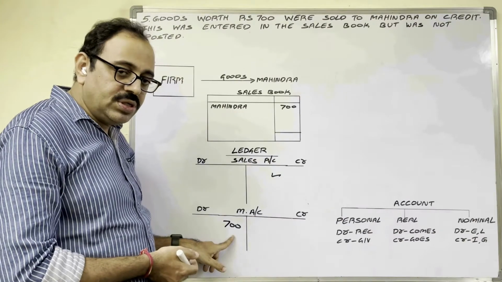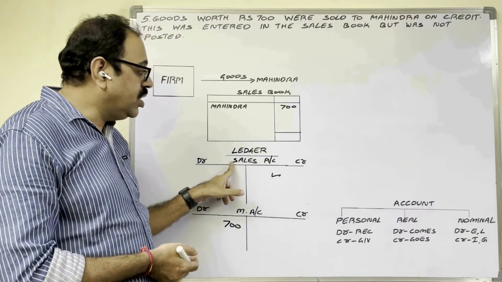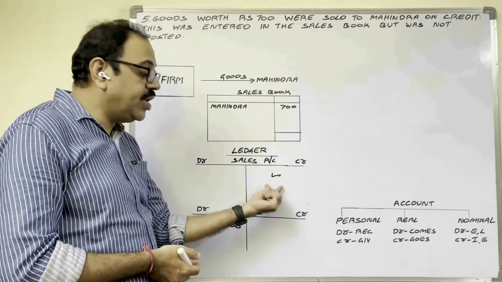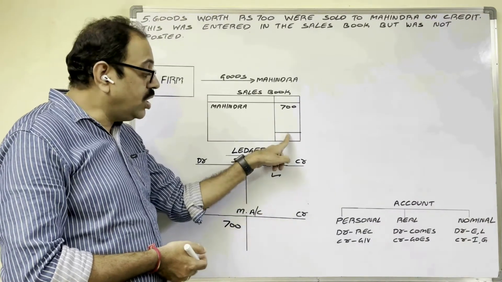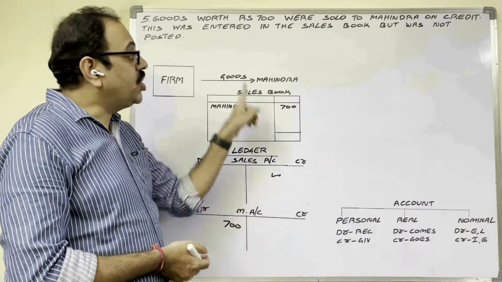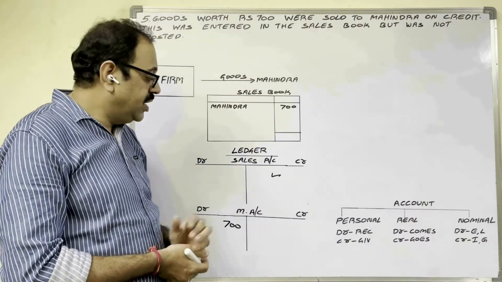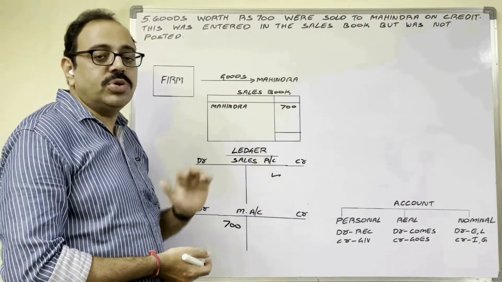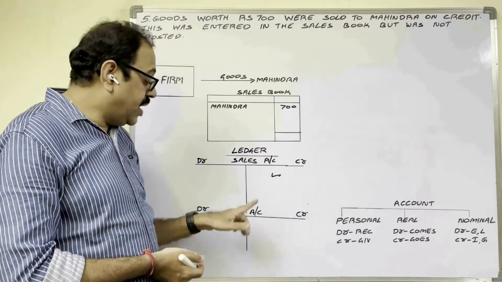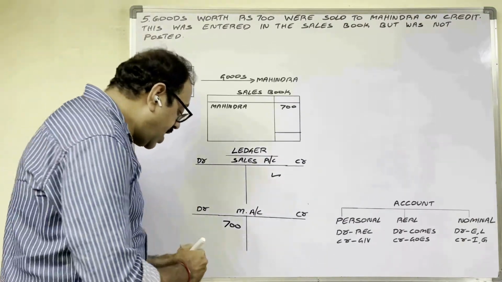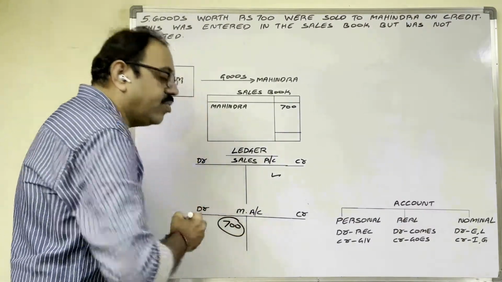In Mahindra account, because in the sales account we need not post this 700 rupees transaction. Only the total we post. He has not given any information about the total sales amount, which means in the sales account they have properly posted the totals. In the customer's account, 700 was not debited by the accountant.